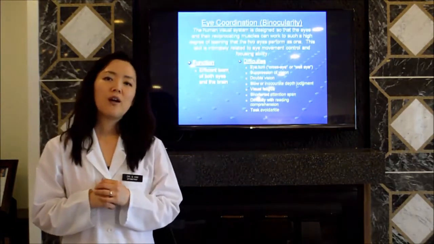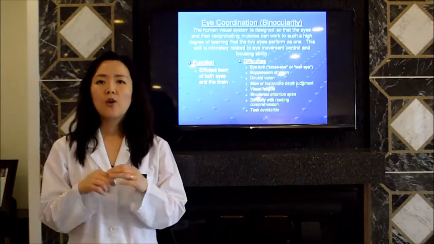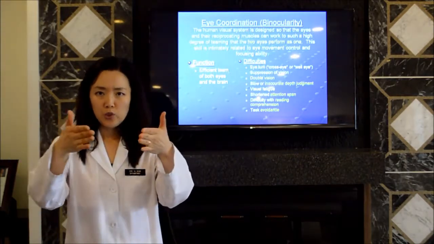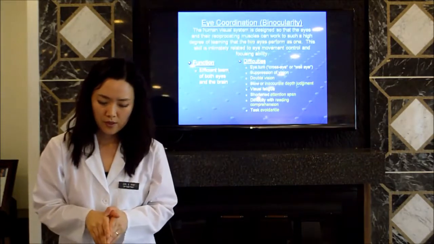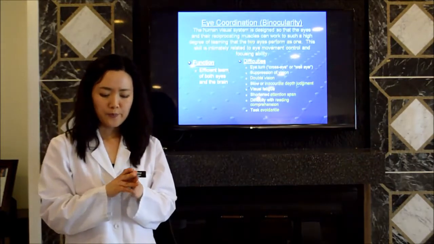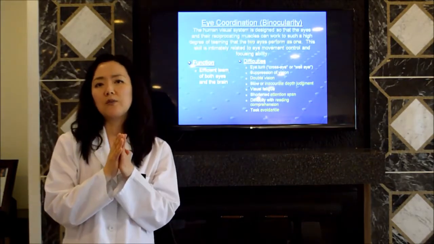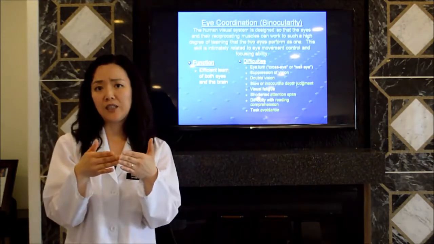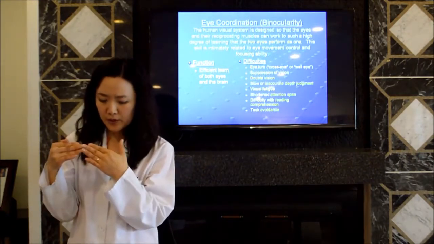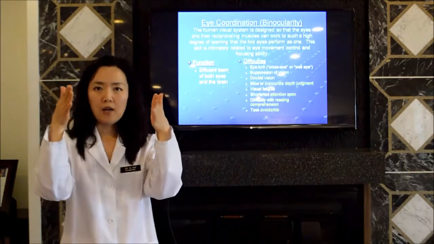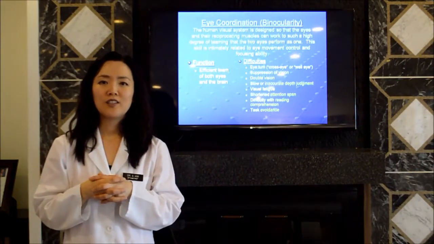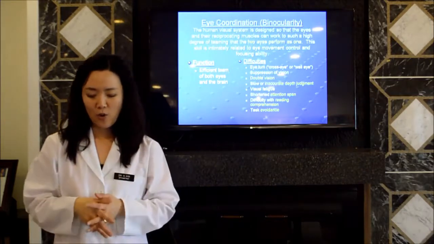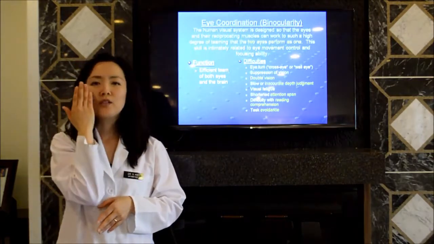Eye coordination, we call it binocularity, is the ability to make two eyes work together for the target. When you don't have good, efficient eye teaming, you will have difficulty making the eyes straight on. Some people have eyes turned in or turned out, or they suppress one eye.